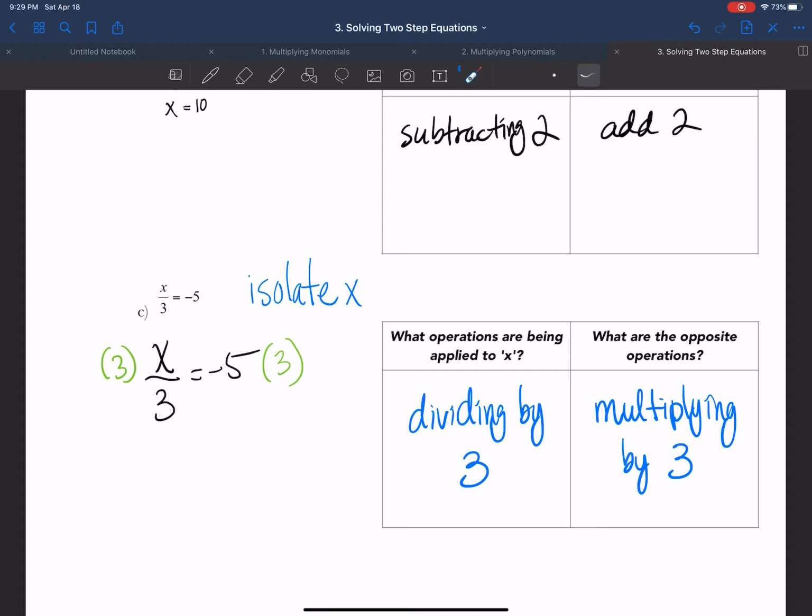I didn't draw the line all the way across, but if you imagine that line going all the way across, it'd be 3 divided by 3. And 3 divided by 3 is 1. So I'm left with 1x. These cancel out, as we say. So I have x is equal to negative 5 times 3, which is negative 15.